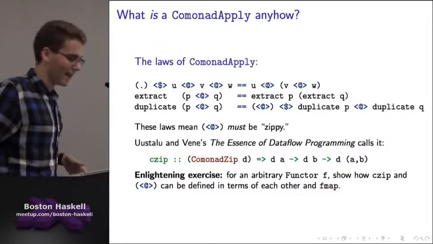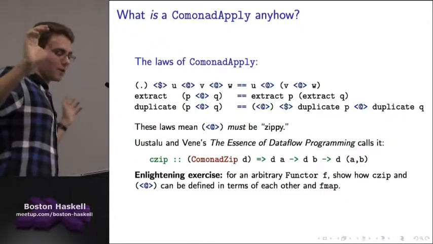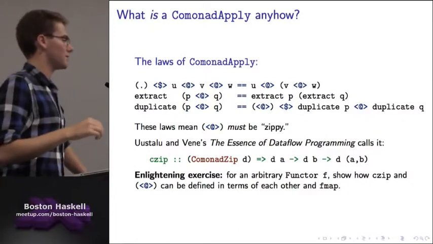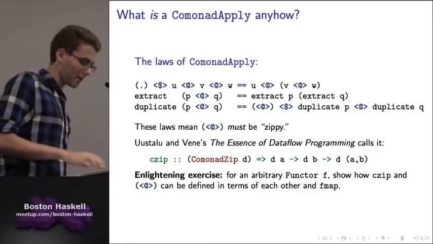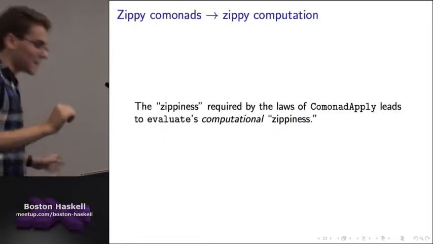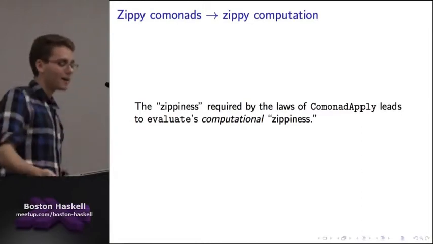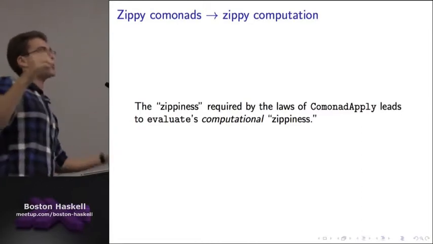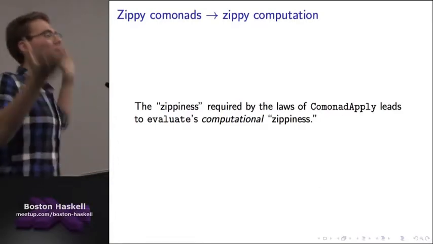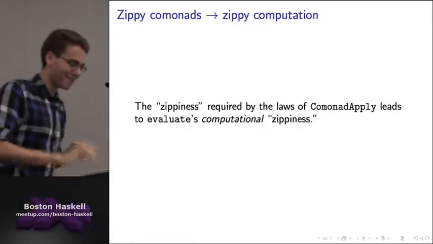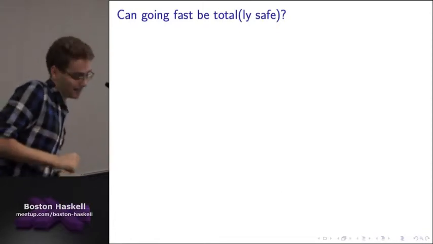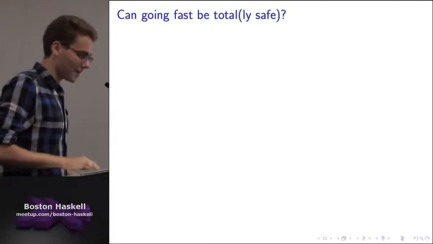But kind of an enlightening exercise is that for an arbitrary functor, you can show how czip and app are just the same thing because you can define them in terms of each other and fmap, which you have because Comonads are functors. So the zippiness required by the laws of Comonad apply leads to the computational zippiness that we can get from evaluate. Because you can zip. So the question arises, I think, can going fast be totally safe?